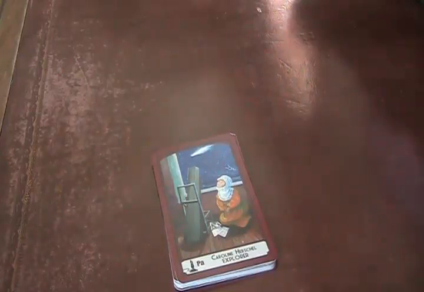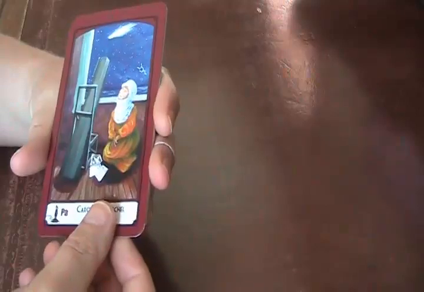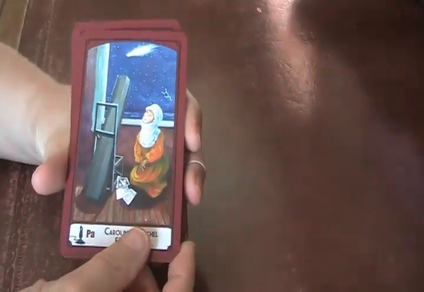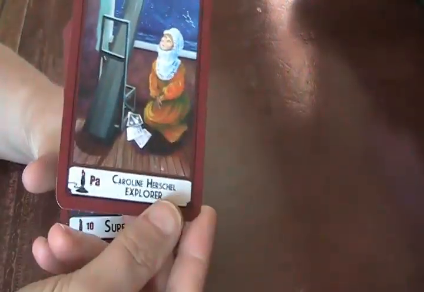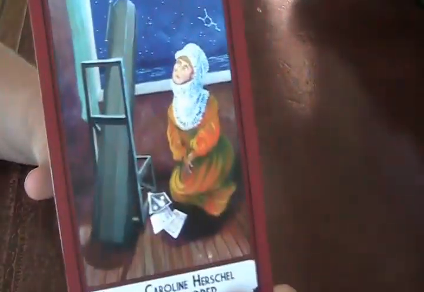Doesn't say which comets she discovered or which nebula, but that she did. Hello, Carolyn Herschel. Nice to meet you.